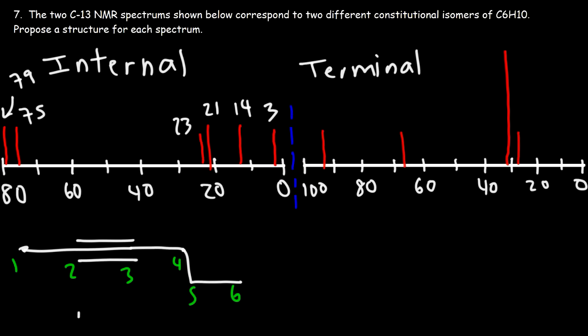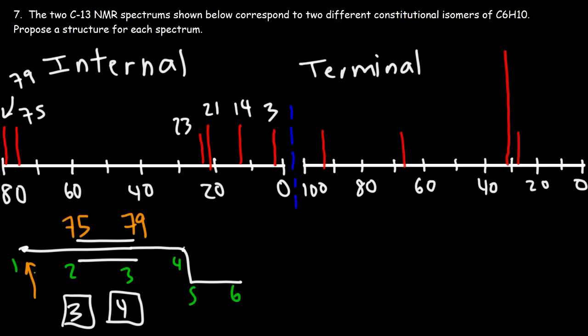So looking at carbons 2 and 3, we know it has to be these 2 values at 75 and 79. So which one is going to be the one at 75 and which one is the one at 79? Carbon 2 is between a primary and a secondary carbon, so it has a score value of 3. Carbon 3 is between 2 secondary carbons, so it has a score value of 4. So therefore, carbon 3 is the one that has the higher chemical shift at 79. Carbon 2 has the lower one.